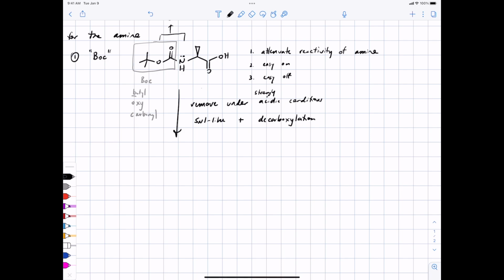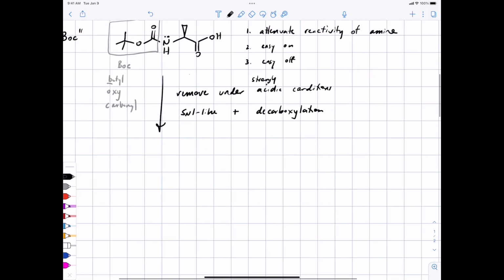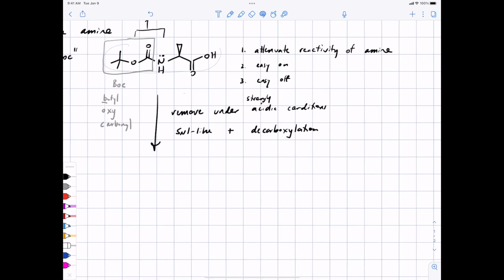As you might expect, by virtue of being irreversible, decarboxylations are high-yielding reactions that really help things move forward. And they are very common in protecting group removal type reactions. So what happens under acidic conditions? I'll sort of draw the mechanism.